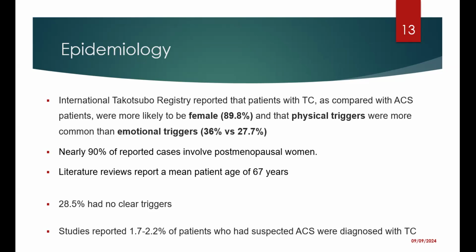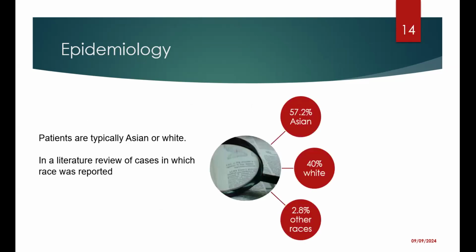However, about a third of the cases have no clear triggers. Studies have reported that 1.7 to 2.2% of patients with suspected ACS were actually diagnosed as having Takotsubo cardiomyopathy. Patients are usually of Asian descent or white descent.